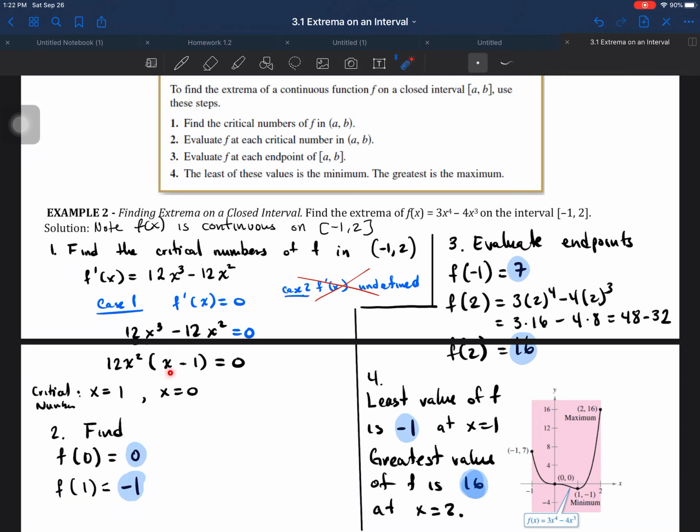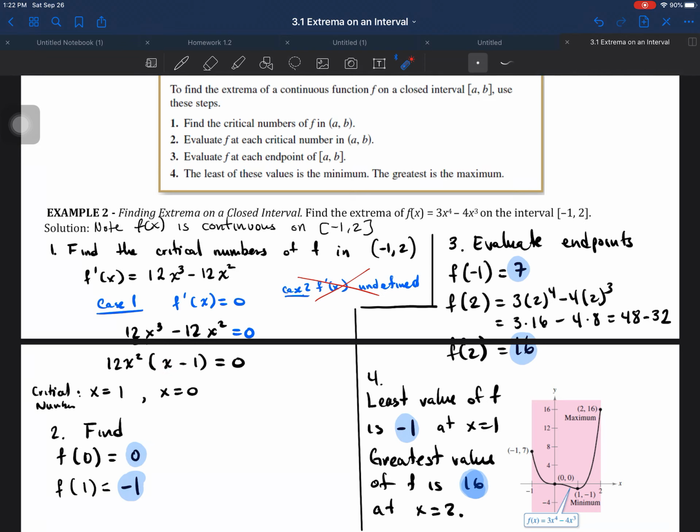We're left with x minus 1 inside the parentheses. So that product is equal to 0. By the zero factor property, this needs to be 0 or this needs to be 0. If this is 0, then the only way this will be 0 is whenever x is 1.